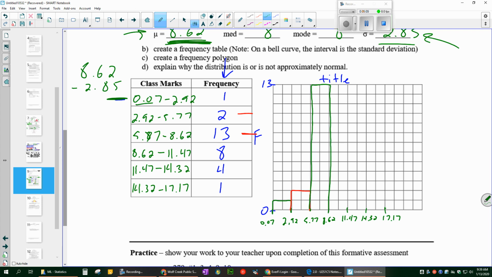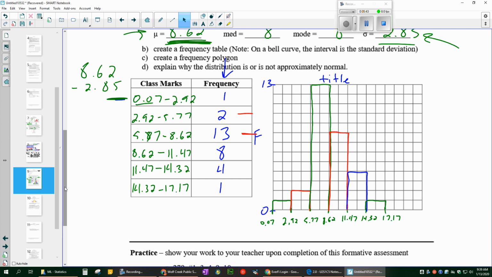Next one goes up to 8, so 1, 2, 3, 4, 5, 6, 7, 8. Next one goes up to 4. I made that blue for some reason, a random one. And then the last one goes up to 1, for 14 to 17.